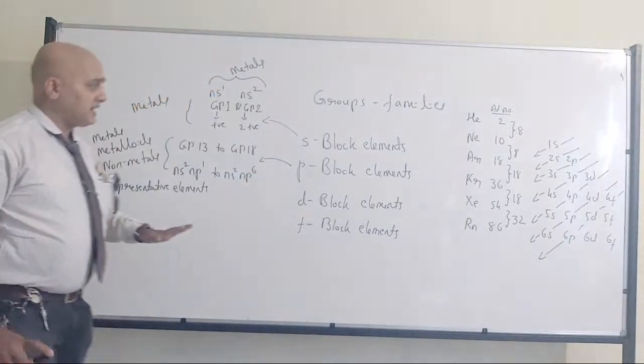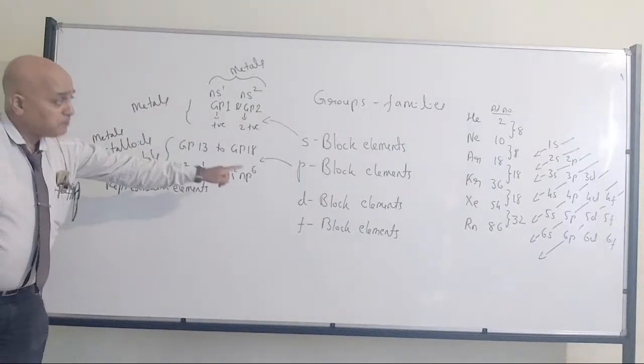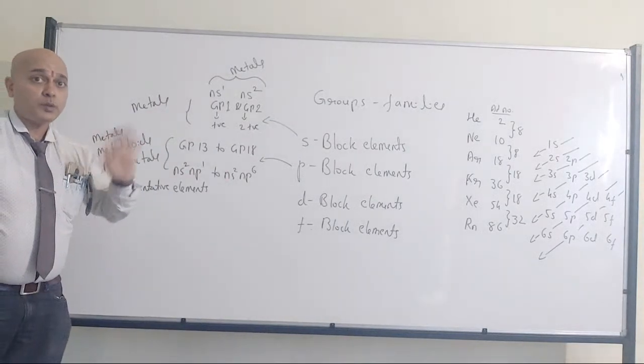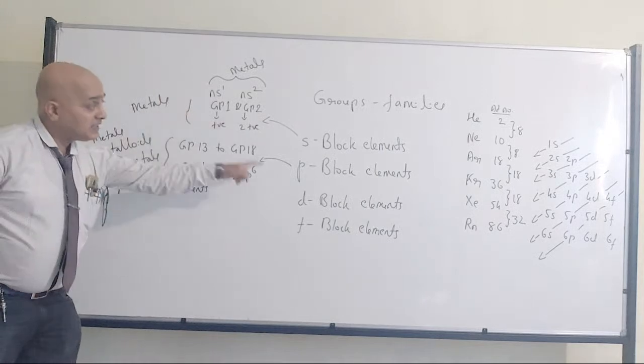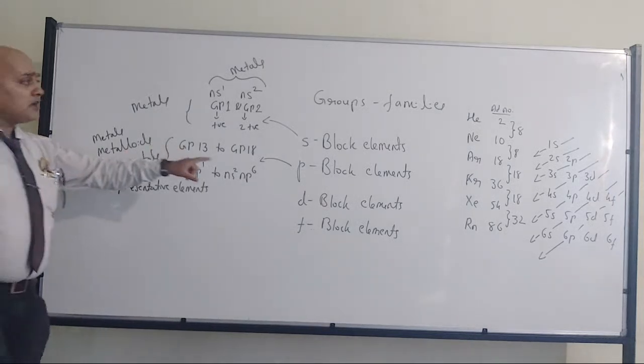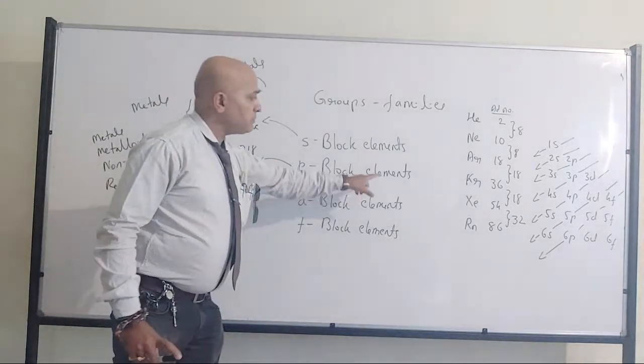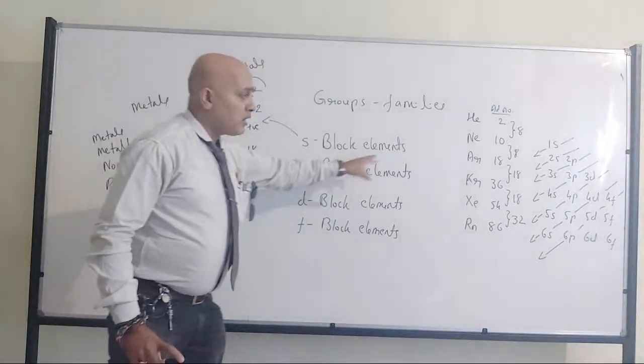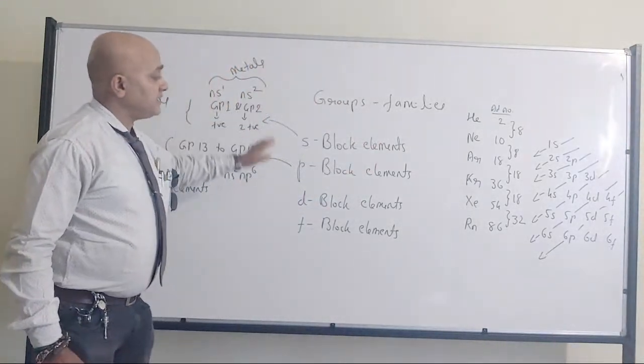In short, I can say that in the P block, I am not talking about the whole periodic table, non-metals are more. Then come the metalloids and metals. Non-metals are more in number in P block. In S block, only metals are present.